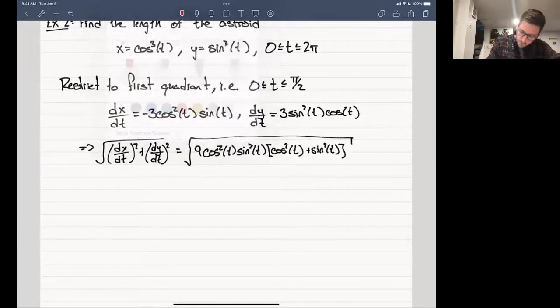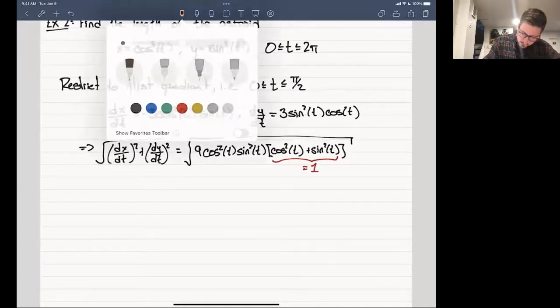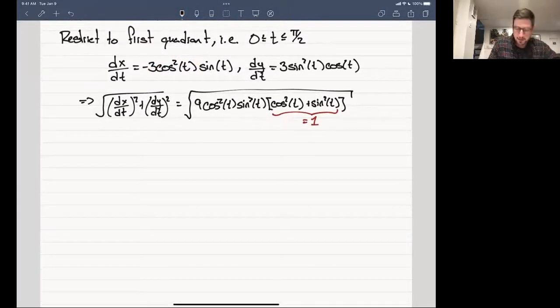We've seen this so many times. This is equal to 1. And so we get that this thing is just equal to 3 cos of t sine of t.